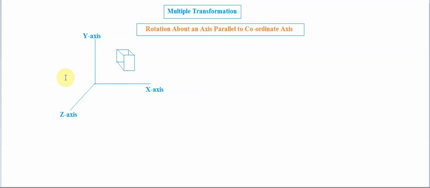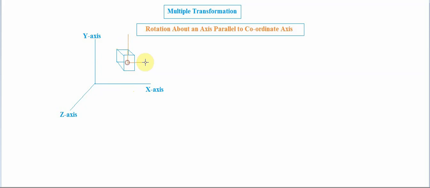So now these are the standard 3D axes. Fine. So what is meant by the rotation about an axis parallel to the coordinate axis? Means what? We'll have this object, right? So on this object also we'll have the local coordinates. Fine. So there will be some local coordinates like this.